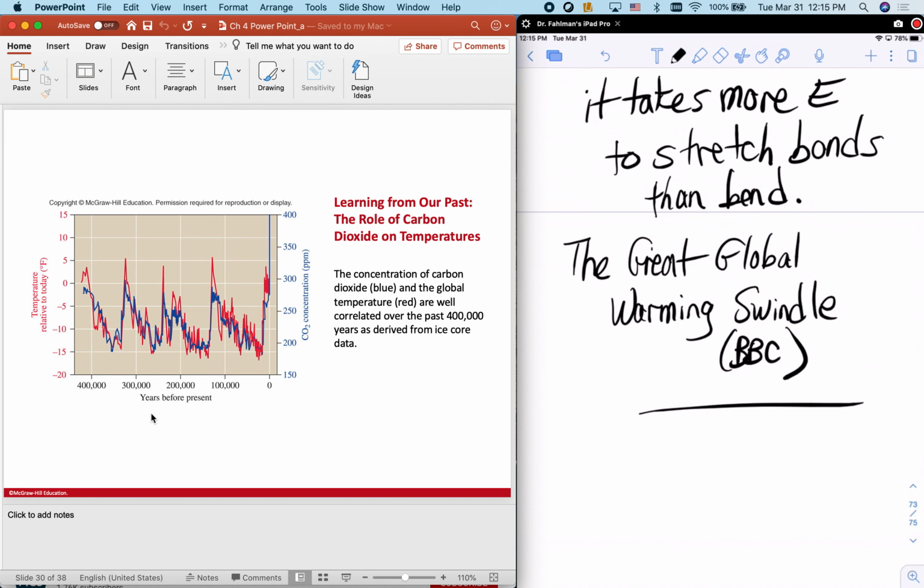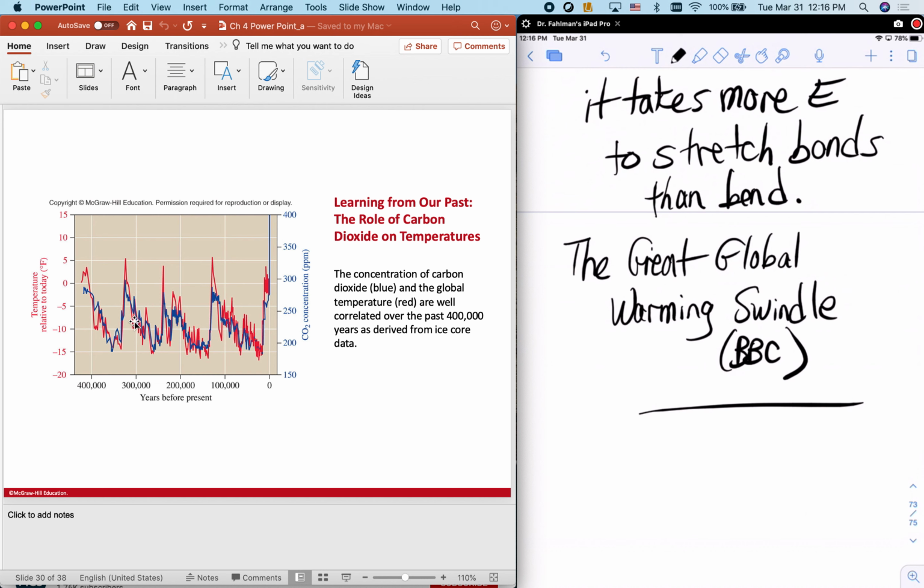And then, so who cares if CO2's higher? This is the other evidence, showing CO2 concentrations in blue and average temperature on Earth in red following one another pretty closely. I'd say there's a very strong correlation between temperature and CO2 concentrations. We'll have to see, as we have more recent years, whether this red will continue to climb up here, but all indications are that it will.